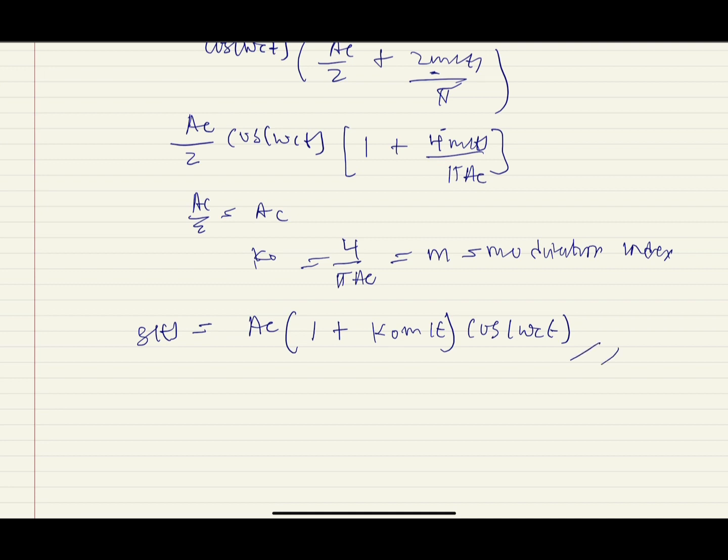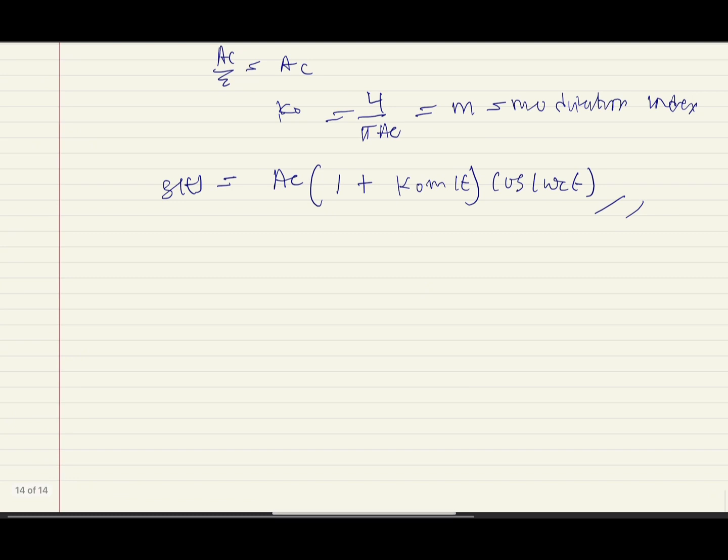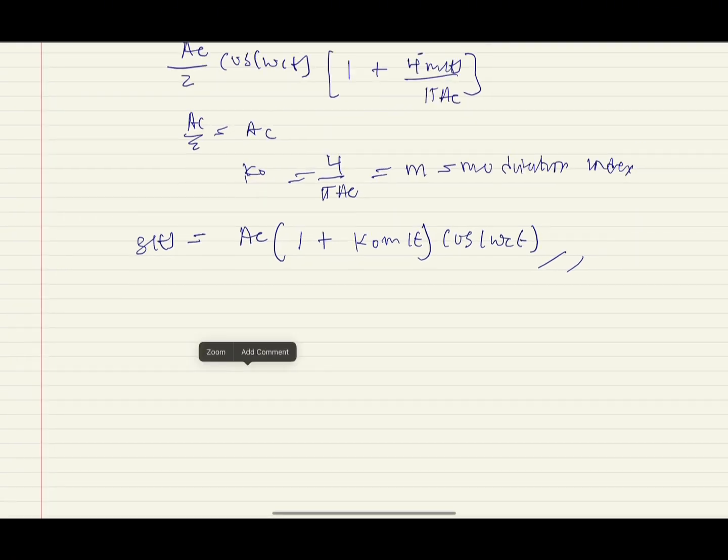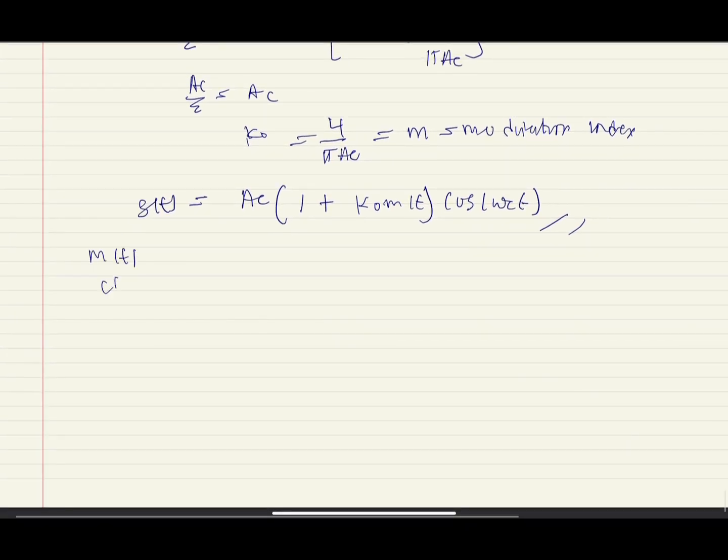So in conclusion, for the switching method of the switching modulator, I would like to summarize everything here. We get our 2 signals as usual, which are my M of T and my C of T, my message and my carrier. We pass them through a diode.